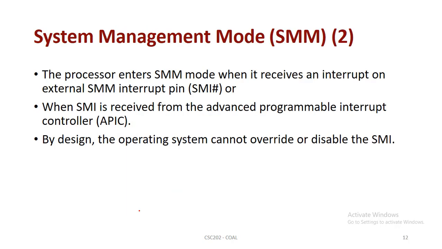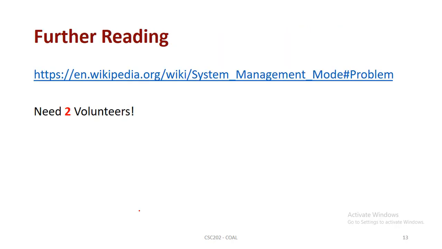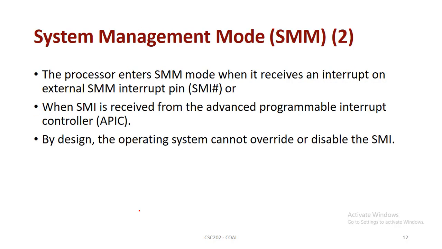Here I try to mention how the microprocessor switches from protected mode to system management mode. It happens when the processor receives an interrupt on the external interrupt pin.